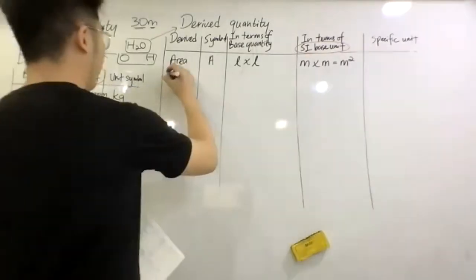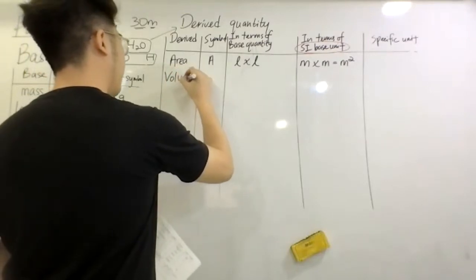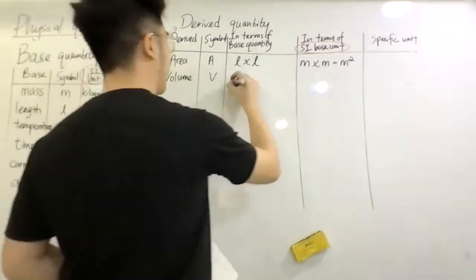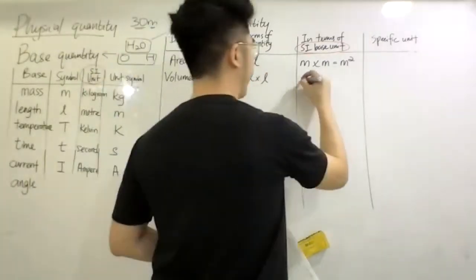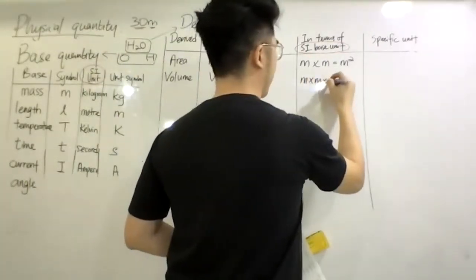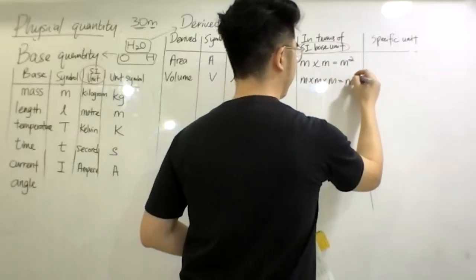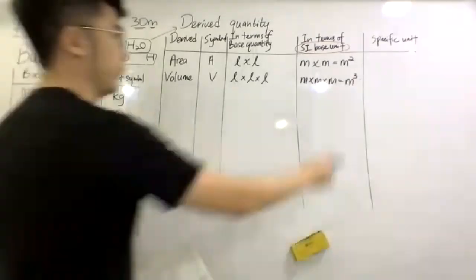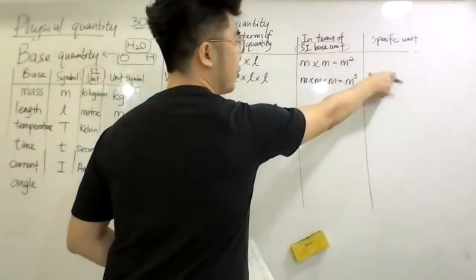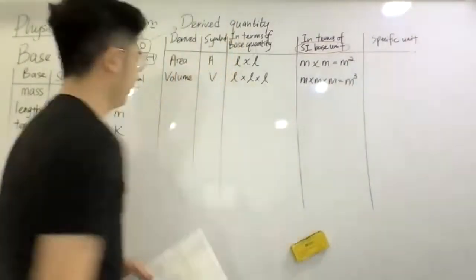Now, next one, volume. V, length times length times length. Here I change m times m times m, get m cubed. Is there any special unit? No, so m squared and m cubed.